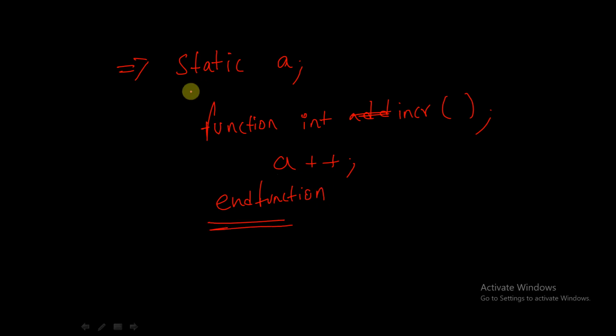Normally this function is declared in a class, and let's say I've declared one more variable, int b, with b plus plus. If we call this function for the first time, what is the value of a and what is the value of b? Any answer?